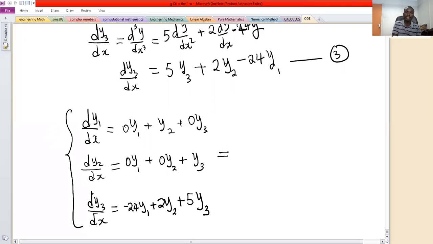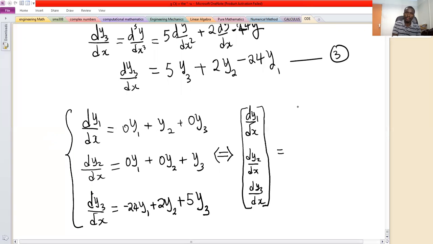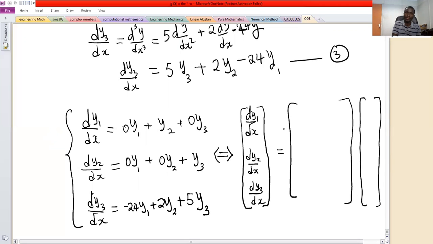And this is the same as writing the vector dy1 dx, dy2 dx, dy3 dx equals the matrix with rows 0, 1, 0; 0, 0, 1; minus 24, 2, and 5, multiplying the vector y1, y2, y3.